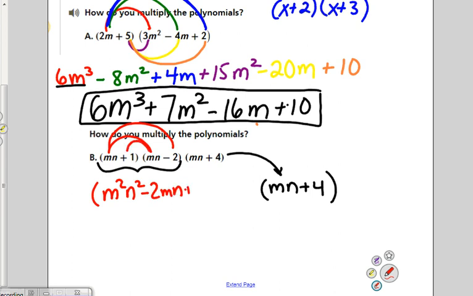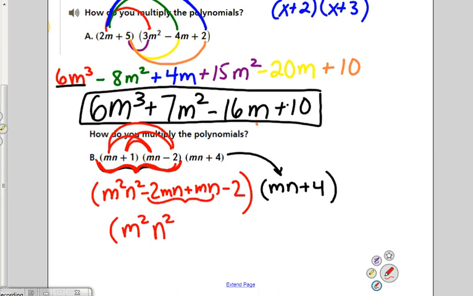Inside, positive 1mn. And last, negative 2. That's what we get when we just multiply these 2 binomials. Let's clean that up before we move on. Let's make that m squared n squared. Combine these guys by adding, let's see, we would end up with negative 1mn. And then finally the negative 2.